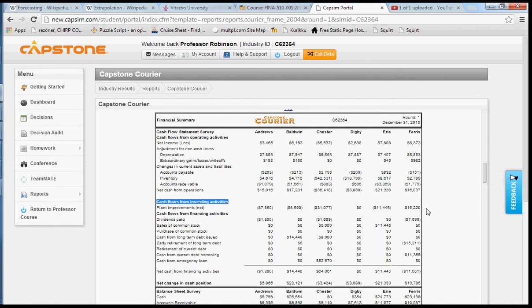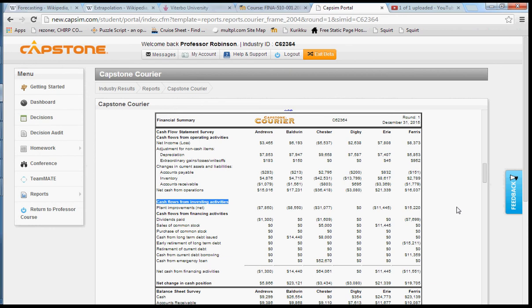So Ferrous is reducing producing capacity while Chester is increasing capacity. But reducing capacity generates cash as assets are sold. Increasing capacity consumes cash. So naturally then plant improvements, either sales or purchases, require financial forethought.